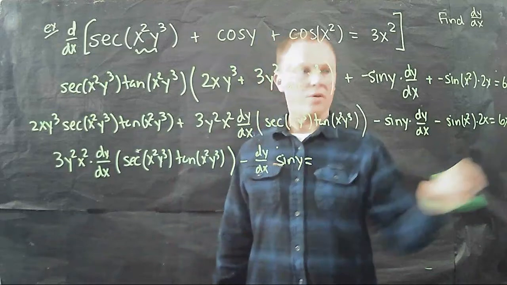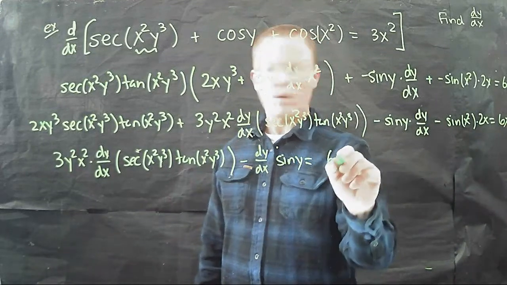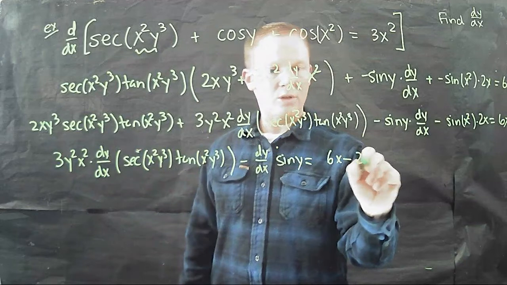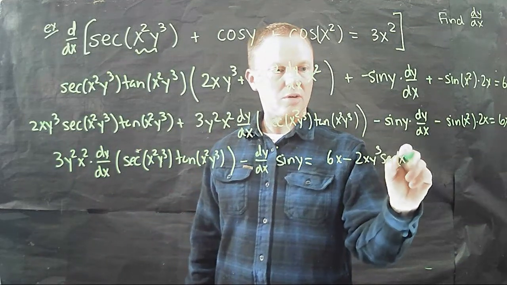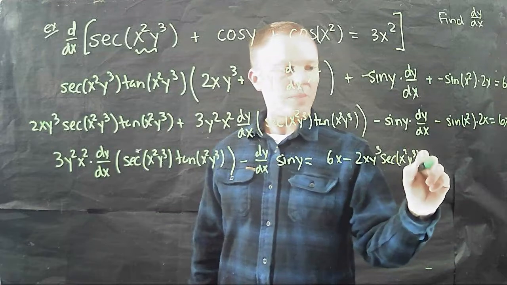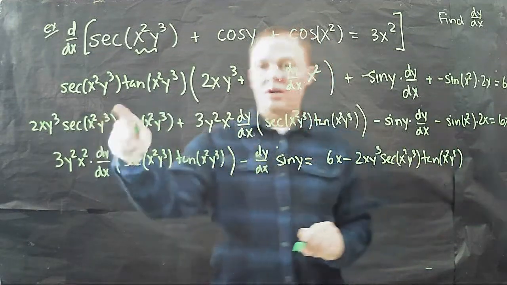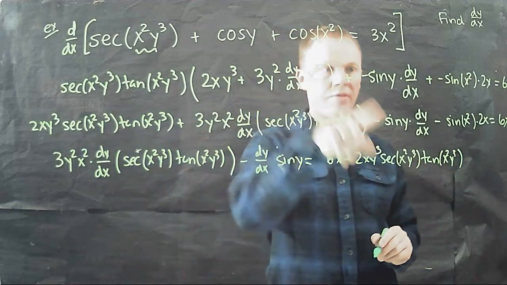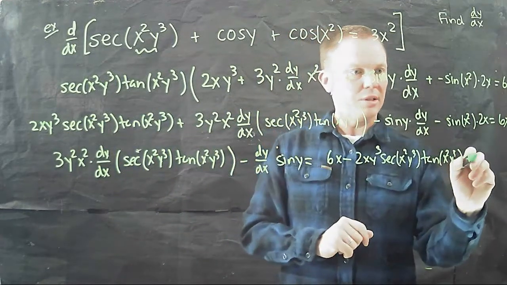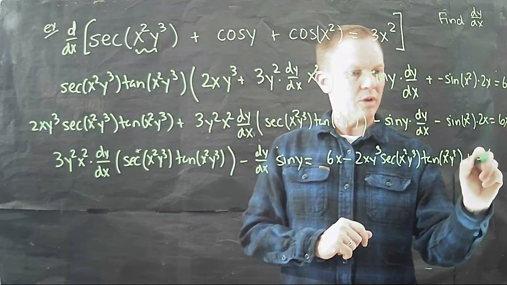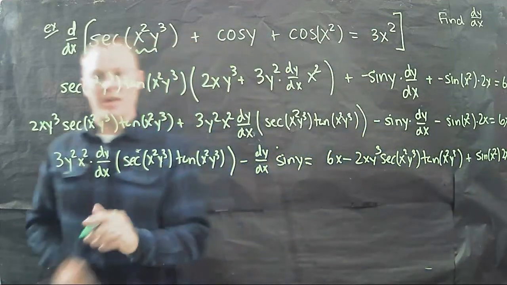And now everything is going to go to the other side. So that'll be 6x minus 2xy cubed secant x squared y cubed tangent x squared y cubed. So that's gone. That's taken care of. That's taken care of. Plus sine x squared times 2x. I think everybody's there. Now we're going to factor.